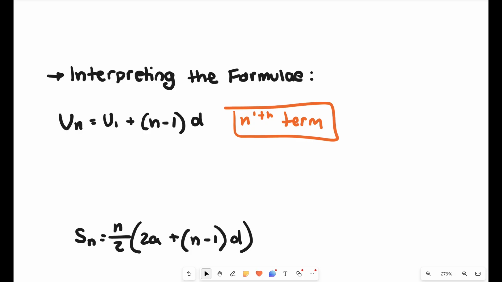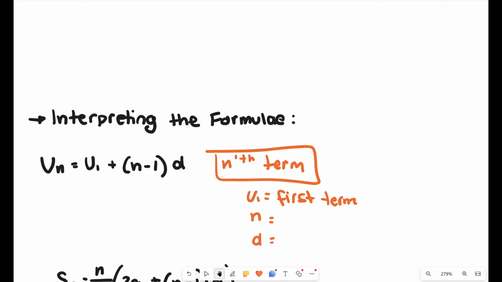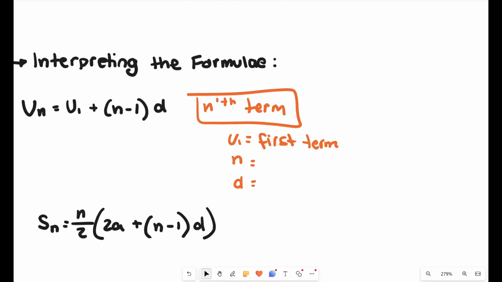On that note, let's take a look at what all of these letters mean. We have U1, n, and d within this formula. U1 refers to the first number within the sequence, so the first term. As you can see, I wrote U1 up here, so in this case, U1 would literally be 1 for that arithmetic sequence.